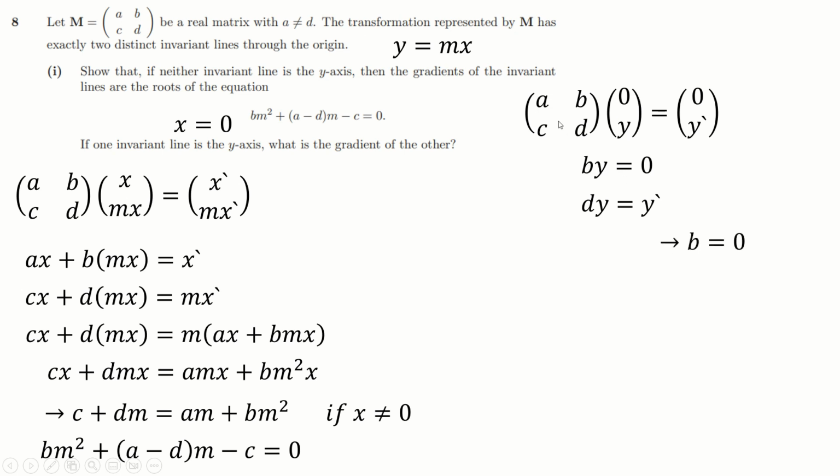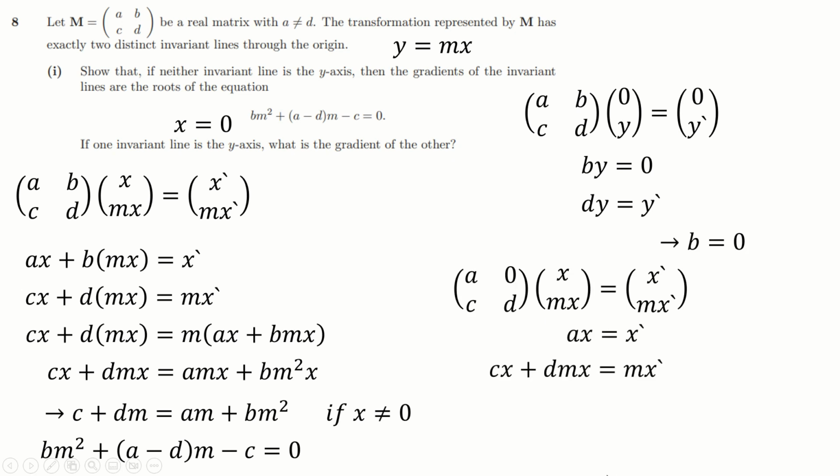If we then use that and look back at a regular line, because there's got to be two distinct invariant lines, right? So we've got the first in this case where x is 0, the line y-axis. And now we'll look for the other one, because it's implied that b is 0, which is going to make the maths a bit easier.